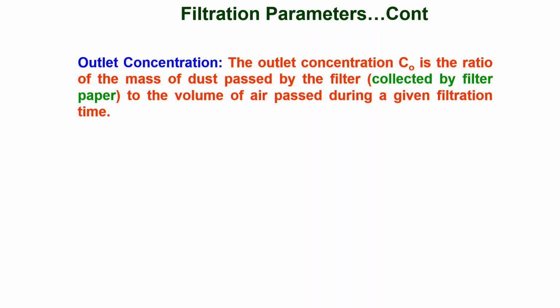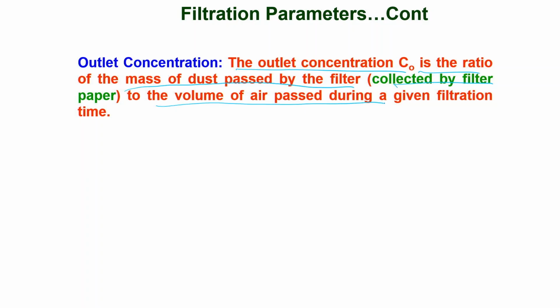Outlet concentration we can also calculate. The outlet concentration C0 is the ratio of the mass of the dust passed through the filter and collected by the filter paper to the volume of air passed through.